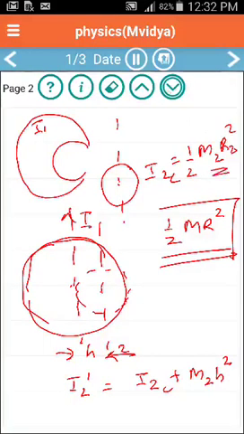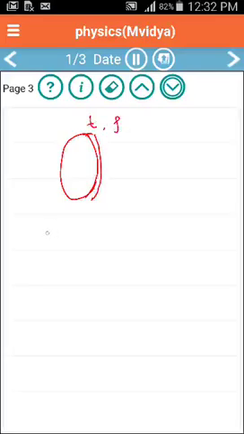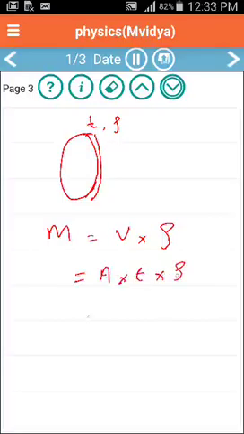First, let us find out what is m2. A circular disk of thickness T, density rho, mass is equal to volume into density. Volume is area into thickness.